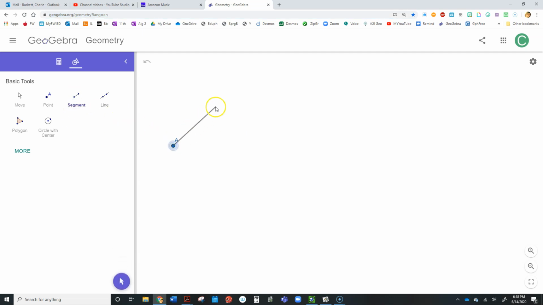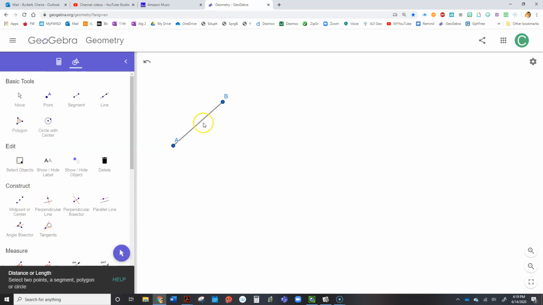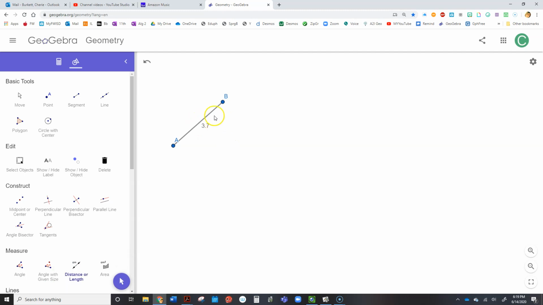Okay, we're going to build a segment AB, and I am going to measure it so that I can see how long it is. Oh, I didn't do too bad. And now I'm just going to change this until it's 4.